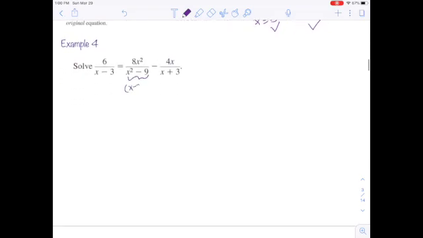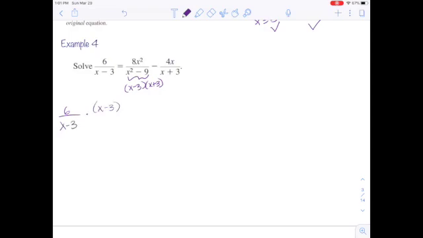You've got a perfect square right here of x minus 3 times x plus 3. And you have another denominator of that factor of x plus 3. So we're going to multiply every single fraction by that actually difference of two squares of x minus 3 times x plus 3. So let's do it.